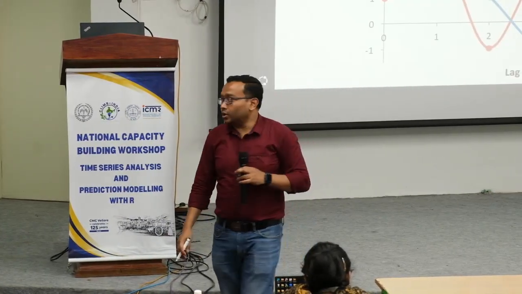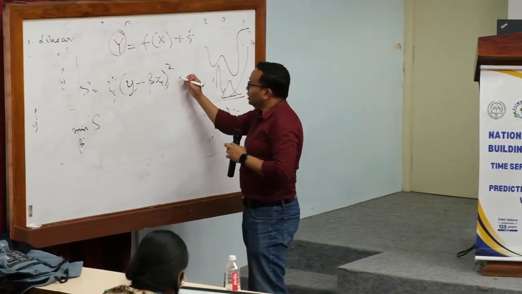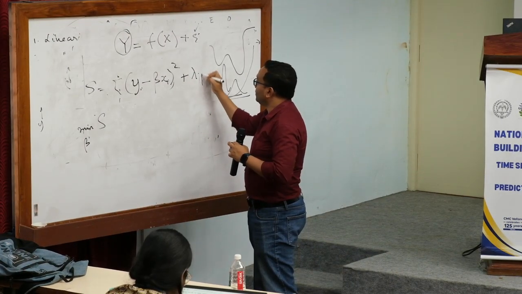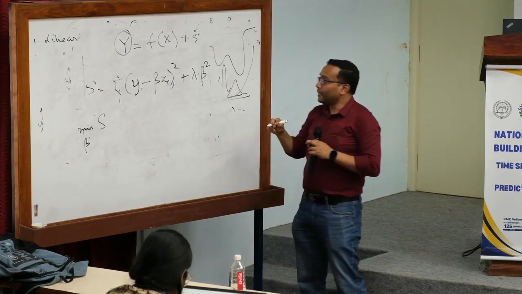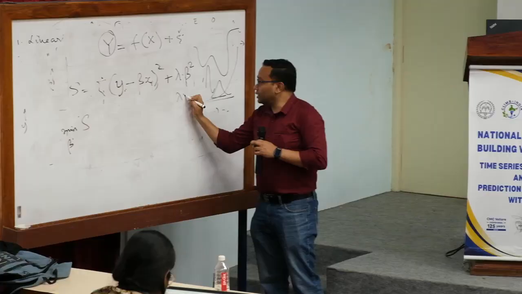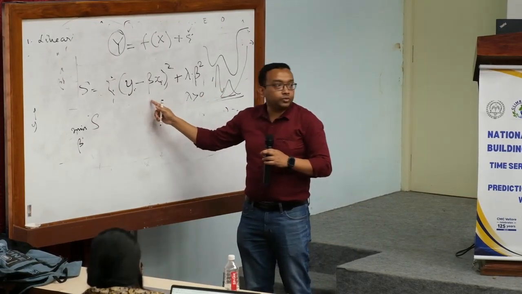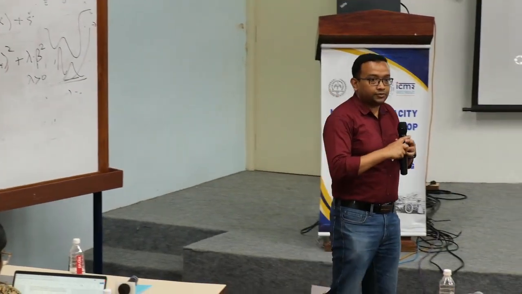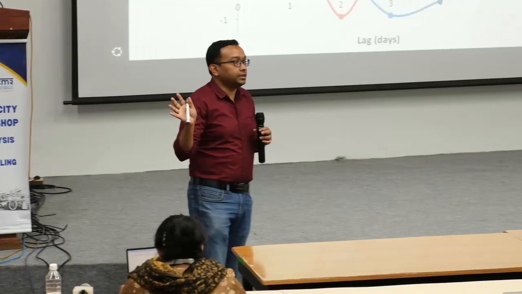So what is the meaning of constrained? So if I put this, where this lambda is a positive number, now if I try to minimize this with respect to beta, what will happen? Let's first fix the lambda, and then we'll try to minimize this.